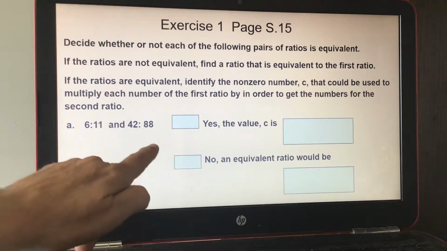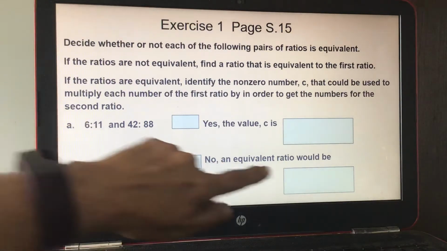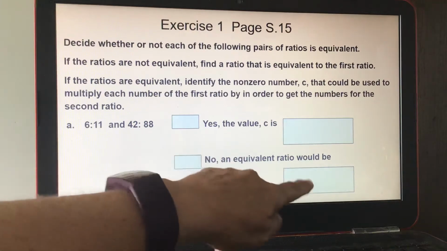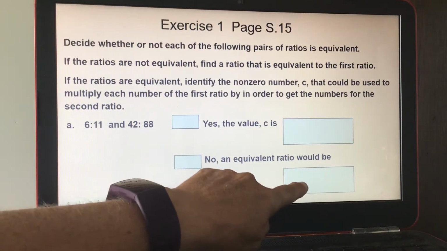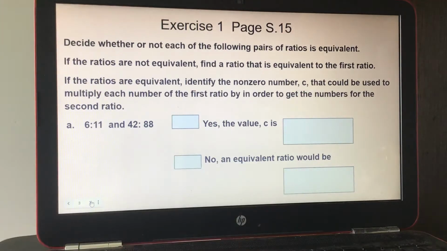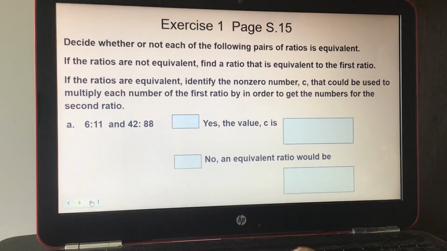So 42 and 77 would be an equivalent ratio. So you'd mark it no with an X, and then put 42 and 77, and that you use 7 as your number to multiply for both numbers.